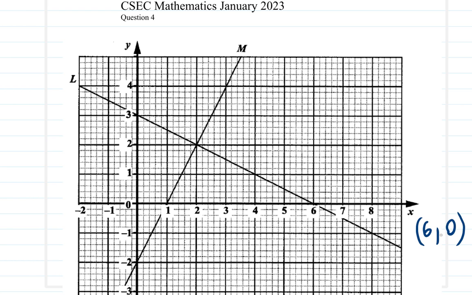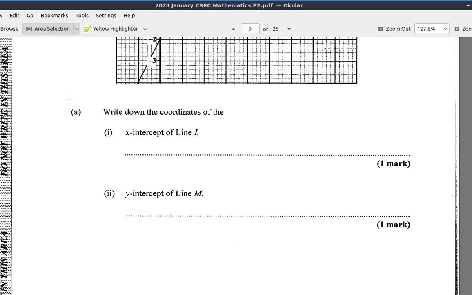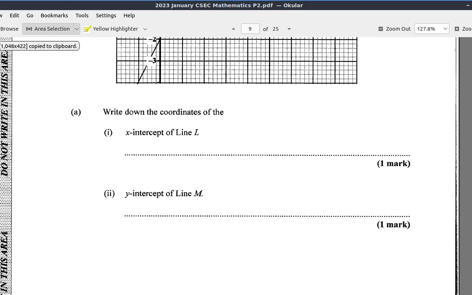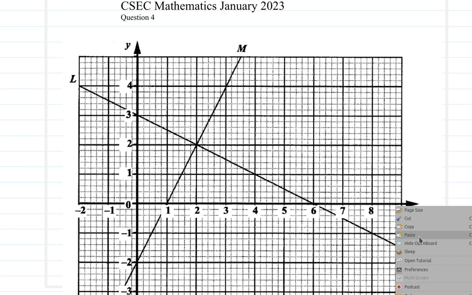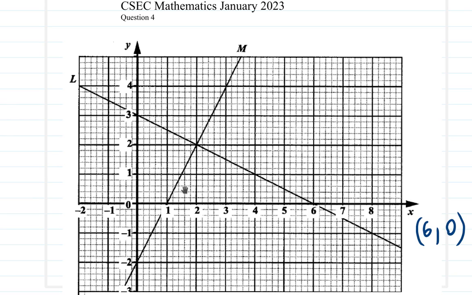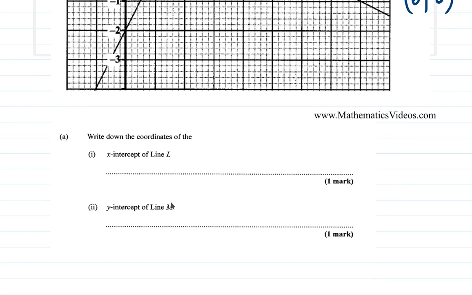So that would be 6, 0. That's the x-intercept of line L, at 6, 0. In fact, let me just copy this part and paste it over here. Let me drag it down.